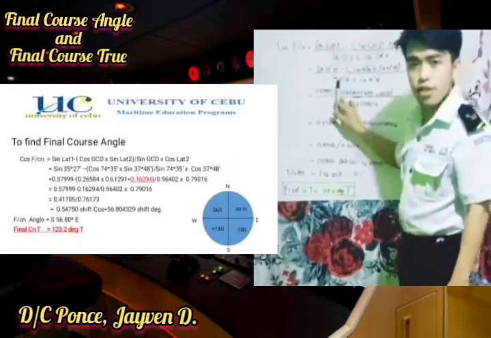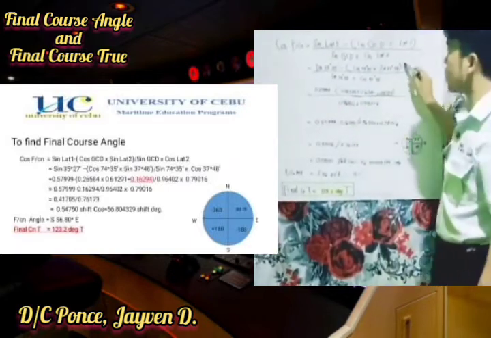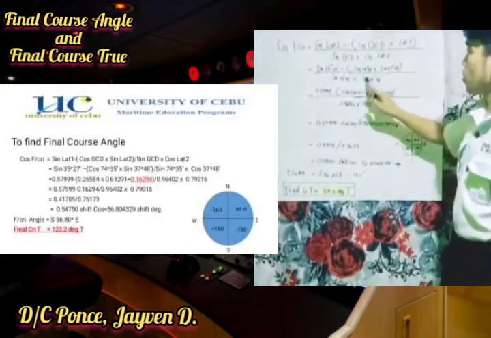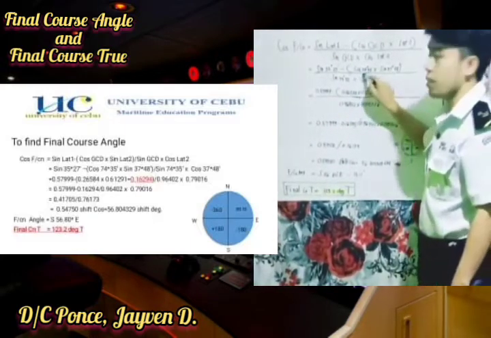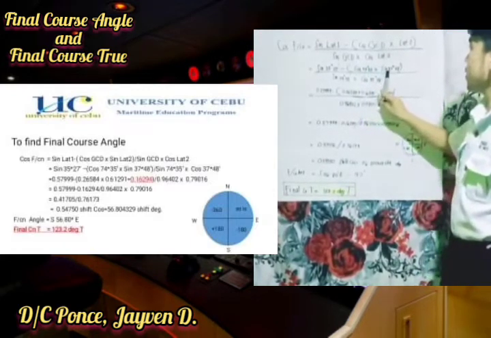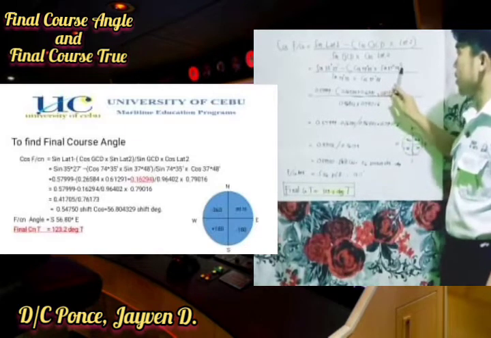First, we are going to solve the inside of the parentheses, which is cosine 74 degrees 35 minutes times sine 37 degrees 48 minutes.